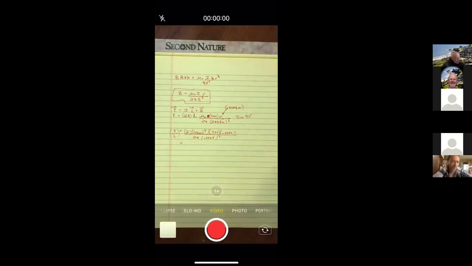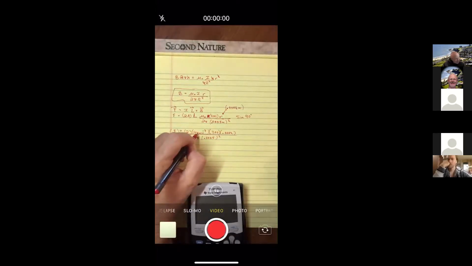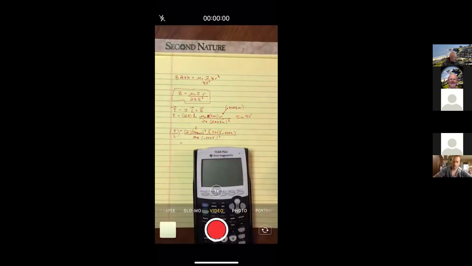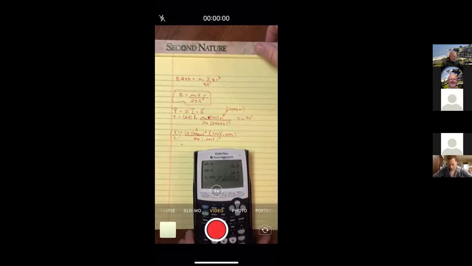And so maybe just crossing out a little bit before I actually put these numbers into my calculator.